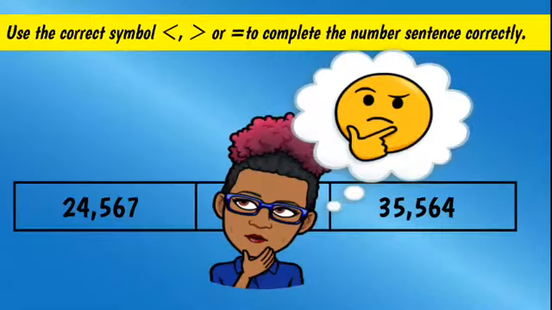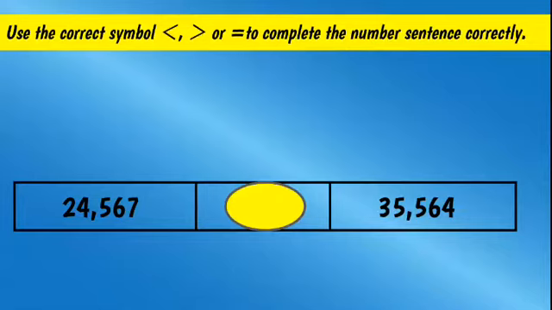Another example. Use the correct symbol, less than, greater than, or equal to, to complete the number sentence correctly. Our numbers are 24,567, less than, greater than, or equal to 35,564? So we start comparing our numbers, starting from the left. Our first number, we have 20,000.